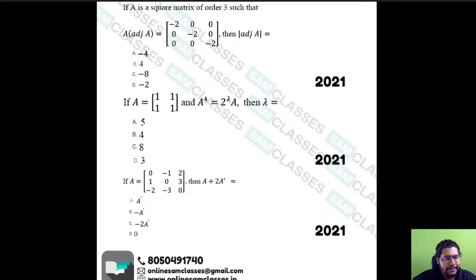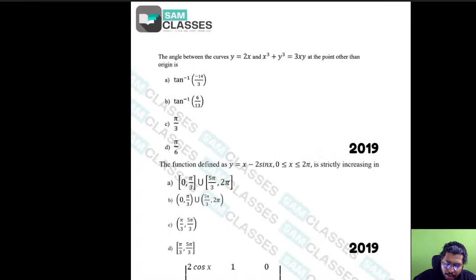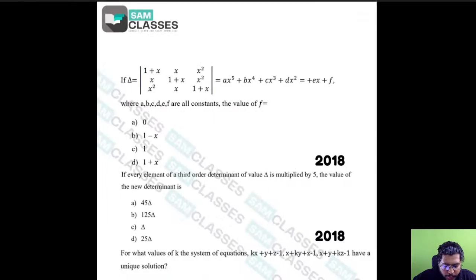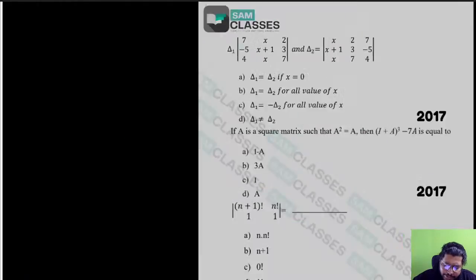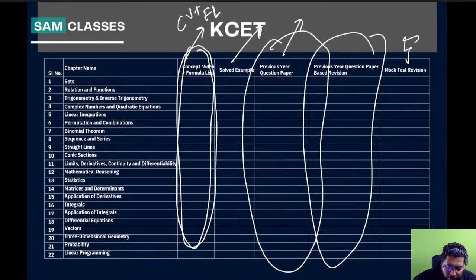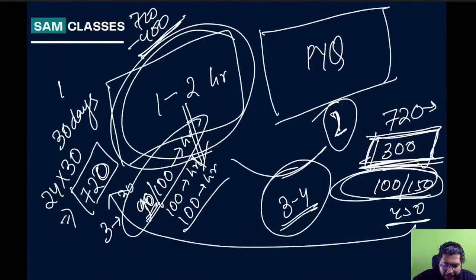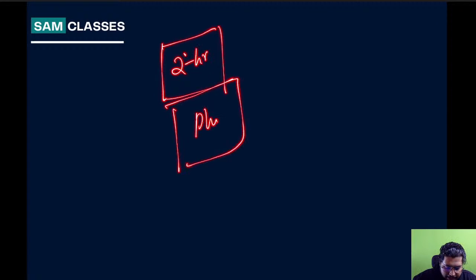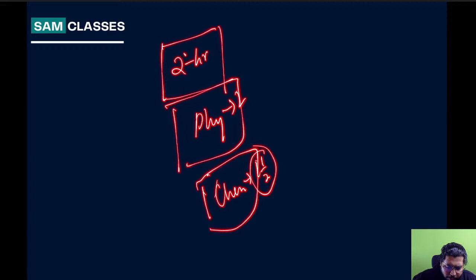In that crash course, I'll just tell you what we are providing. 2 minutes I'll take. For those students who are interested, they can go with it, and those who want to prepare themselves can do that also. I'll be guiding you all, so don't worry. What we have planned is per day around 2 hours of each class: maths, physics, and chemistry. I won't be teaching chemistry, so around 1.5 hours also you can say. We want to finish a minimum of 1 chapter per day.